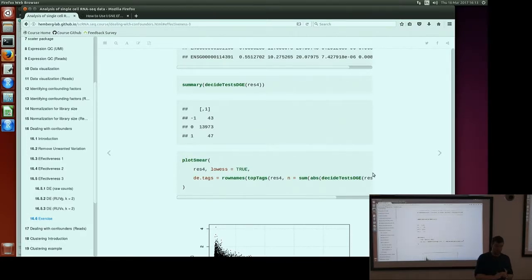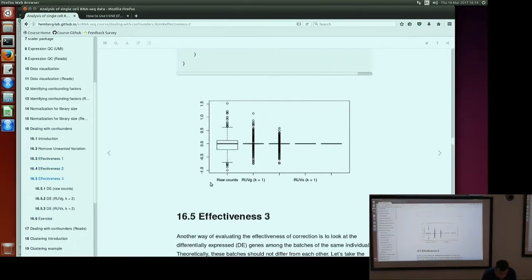We looked at three approaches to defining the effectiveness of different methods: PCA plots and the separation or not of cells according to batch and individual; the relative log expression and how that changed with the different methods; and then in more detail, the number of differentially expressed genes that we find based on these different methods when looking within the same individual between batches.